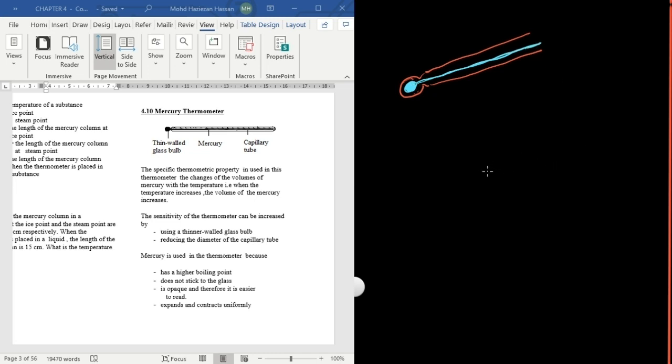The specific thermometric property in use in this thermometer, as we learned before, is the property of mercury, which expands with temperature.